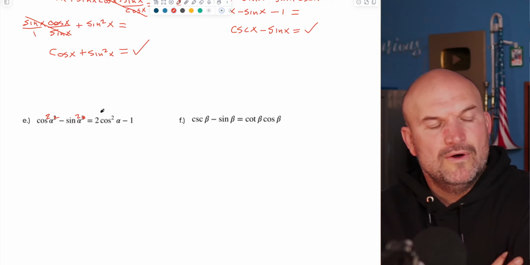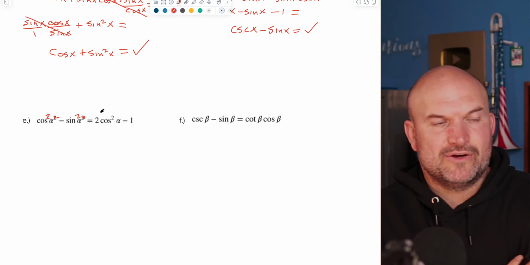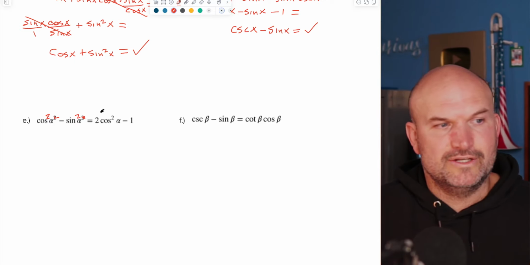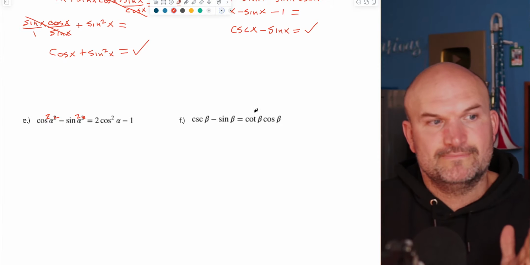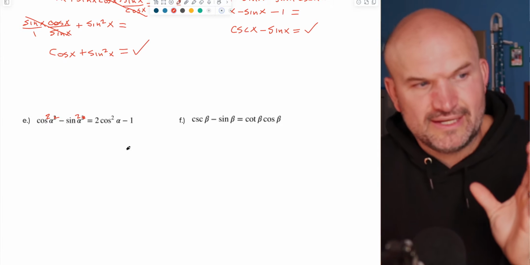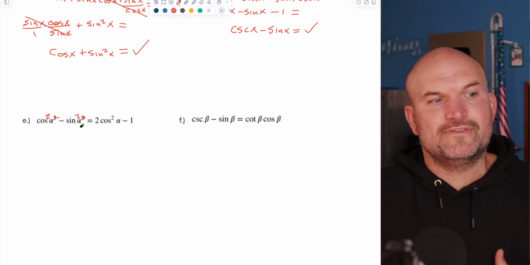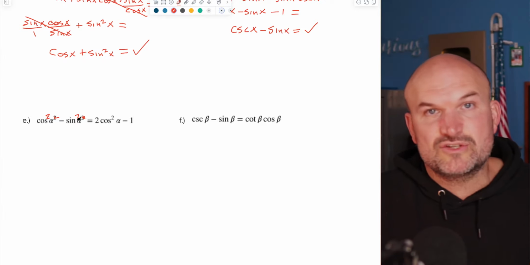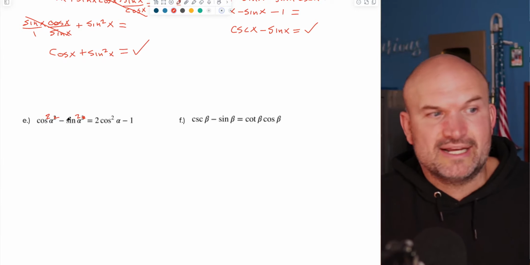All right, so when I'm thinking about my Pythagorean identities, notice on the right-hand side, I only have cosine, right? So thankfully, since I know my Pythagorean identities, is there a way for me to rewrite my sine squared so that it's in terms of cosines? Because then I could combine it.